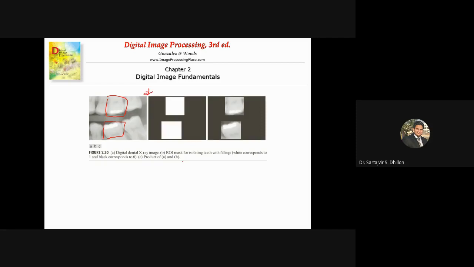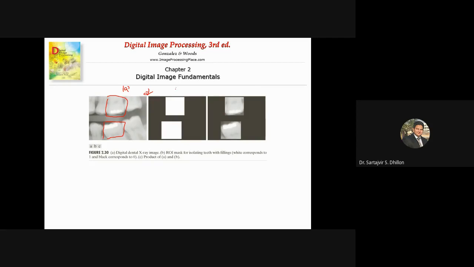That is an AND, a little bit of logical operation. When the one is there, or you can use an if-else condition, if the one is there, then it will show the image A. If black is there, then it will not show the image.